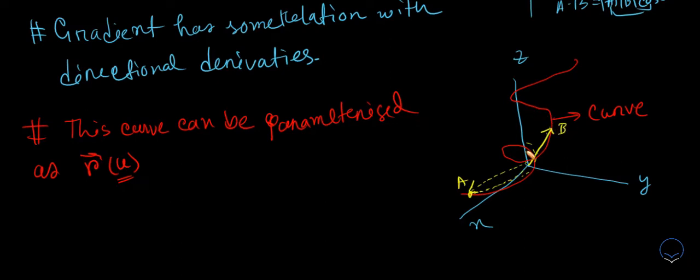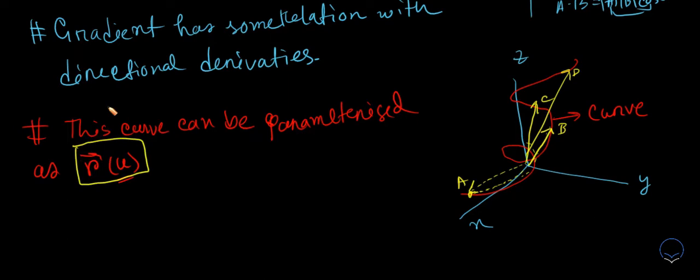And let's say this is point B, this can be point C, this can be point D, and if you recall, this r vector is just the radius vector or the radial vector. That means from the origin to the position that you are interested in. So that's why I told you that this curve can be parameterized as r of u. So this r of u will actually mean our curve.